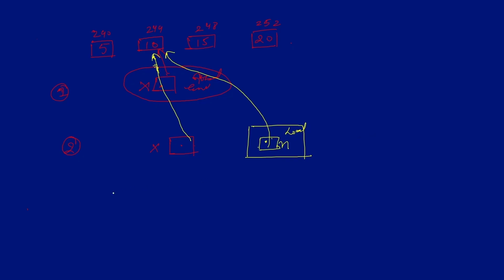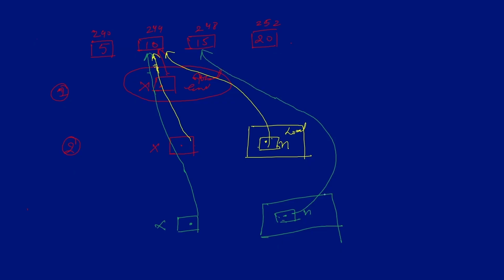Next, x again will point to this particular location 10, and here we have changed the value of n, like n equals n plus 5. So n will now point to the location of 15. So this is our local environment.